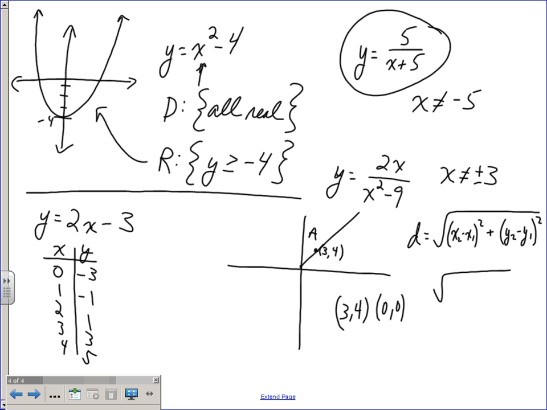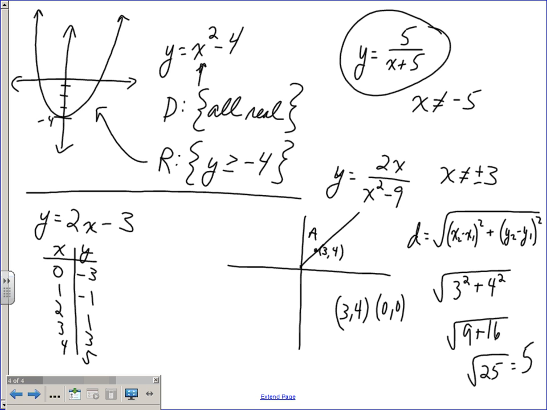All right. 3 minus 0 is 3. The y value, 4 minus 0 is 4. 3 squared plus 4 squared. 3 squared is 9. 4 squared is 16. Square root of 9 plus 16 is 25. 5.